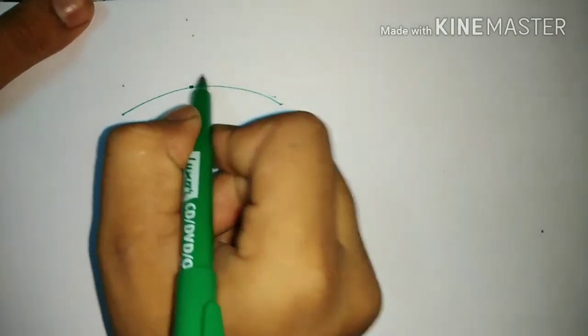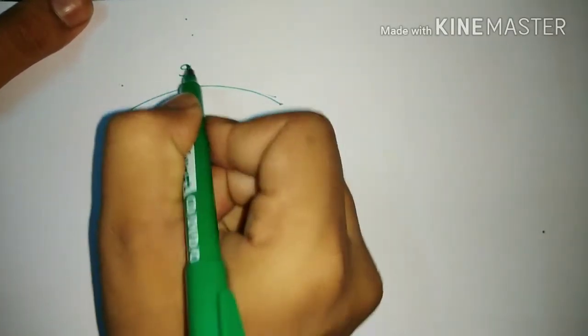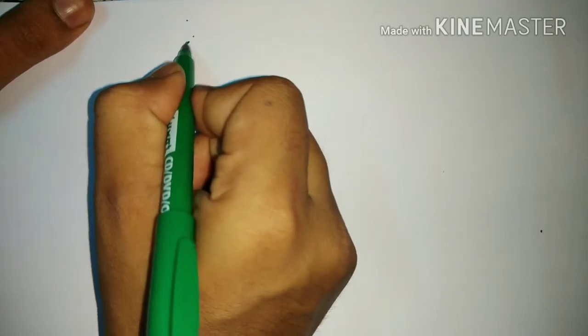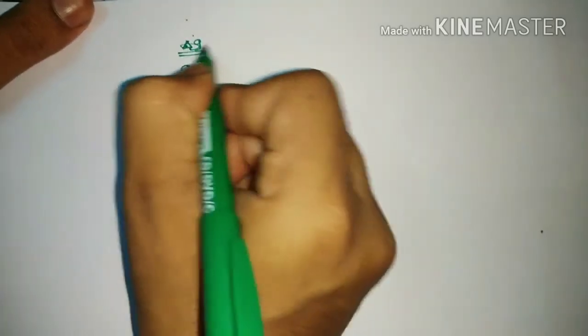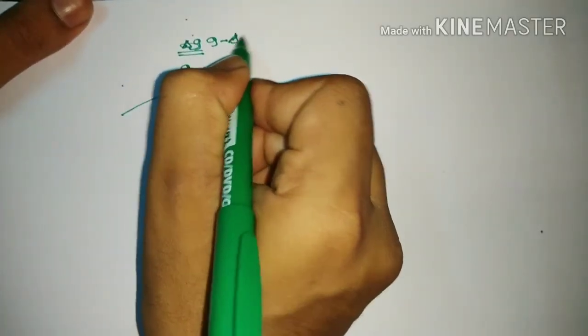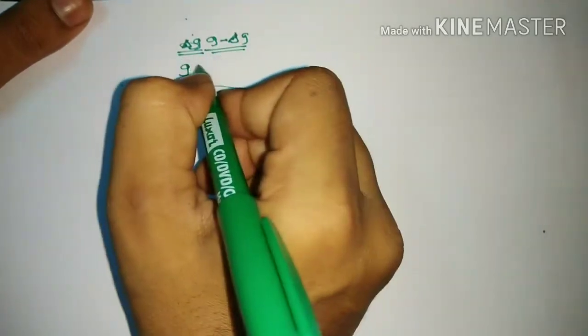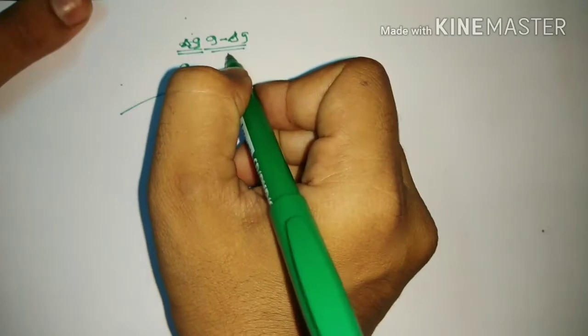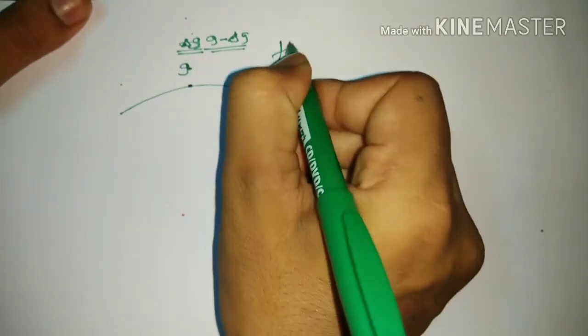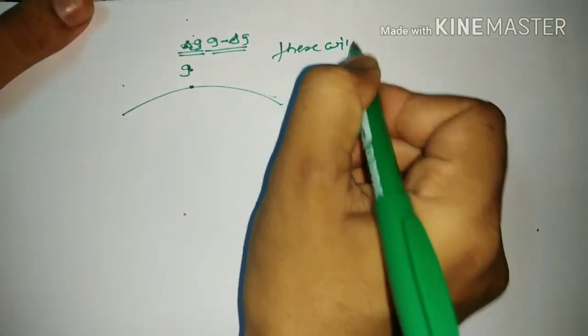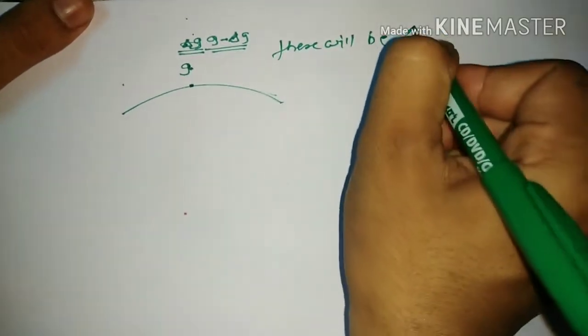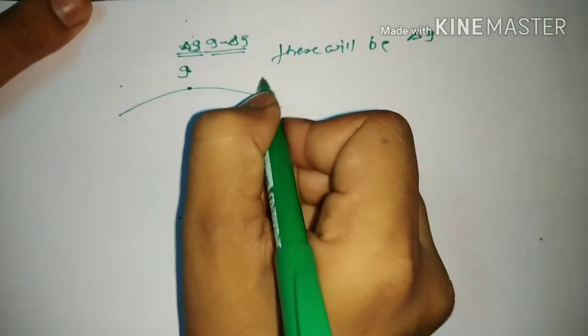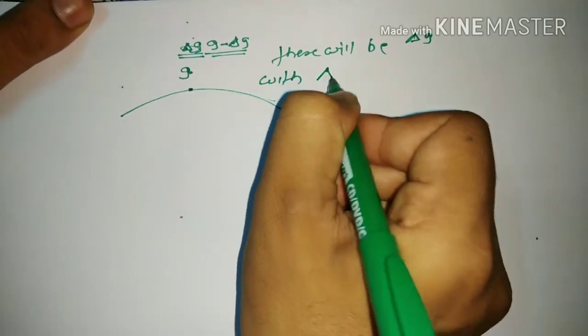Consider here is G; here it will be G minus delta G. So there is a change in gravity with change in height.